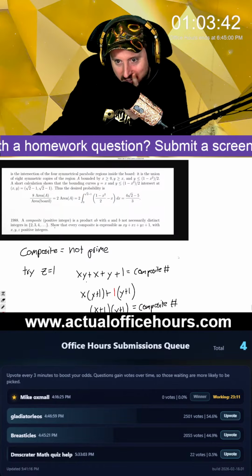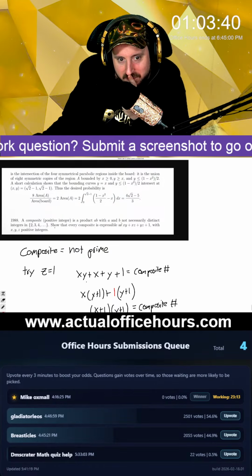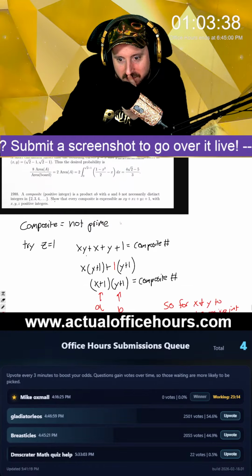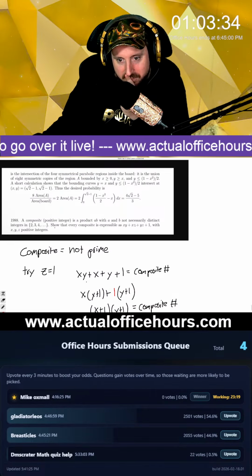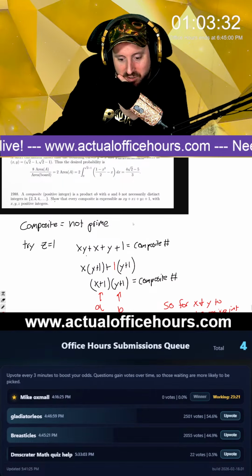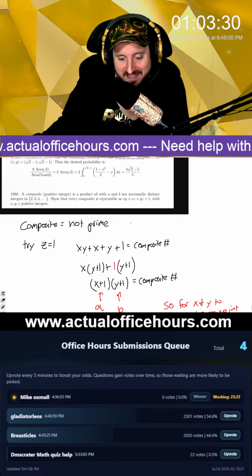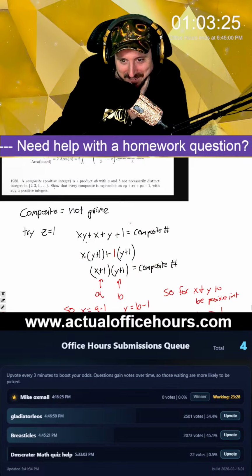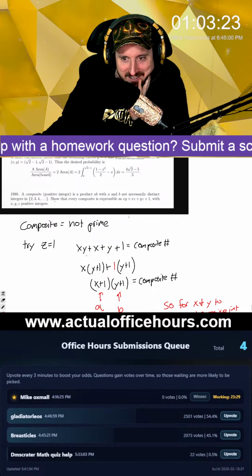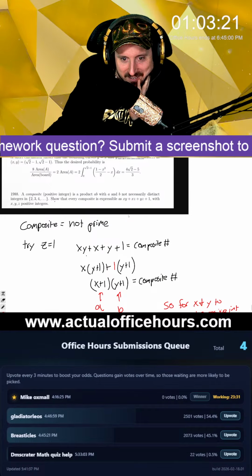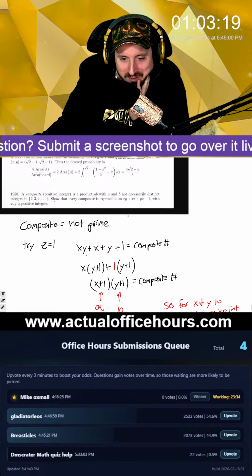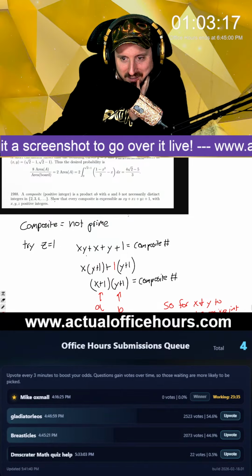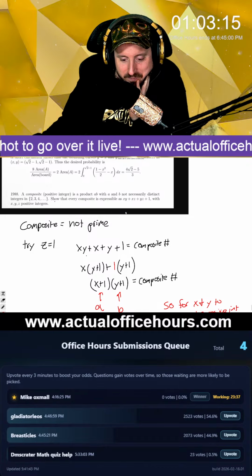Show that every composite is expressible. I said this was fascinating because I don't remember ever seeing this pop up anywhere, but it's such a cute concept. I agree, it's cute. This last part is messing with me. I do remember at some point seeing a similar result.